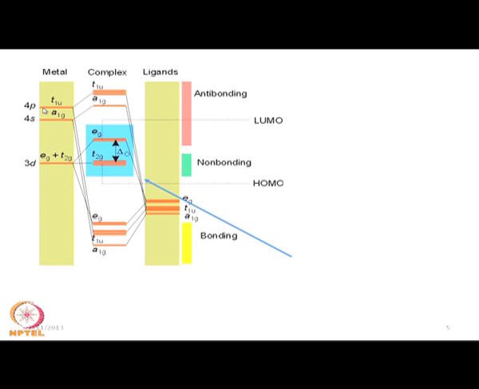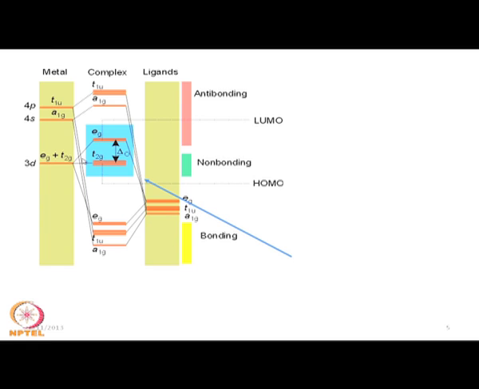So, these are of higher energy, and when they interact with the ligand side of A1g and T1u symmetry, these 4 orbitals give the corresponding ligand field molecular orbitals of A1g symmetry and T1u symmetry.